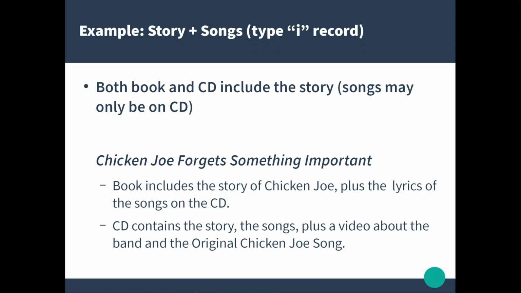Especially compared to that last example, where that was really the whole thing, really a song. Whereas here it feels a lot more like the songs are something added on. The main thing is that the kids are going to be listening to the story of Chicken Joe and following along in the book with that story, and then at the end they get these bonus songs.